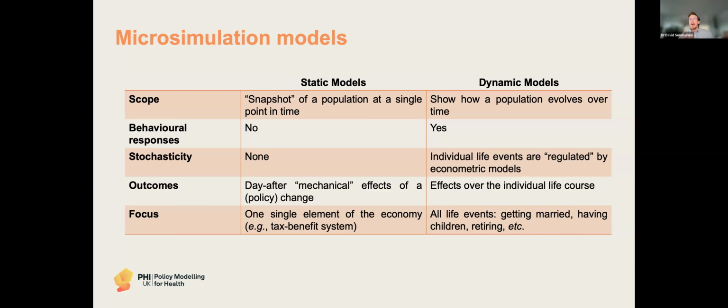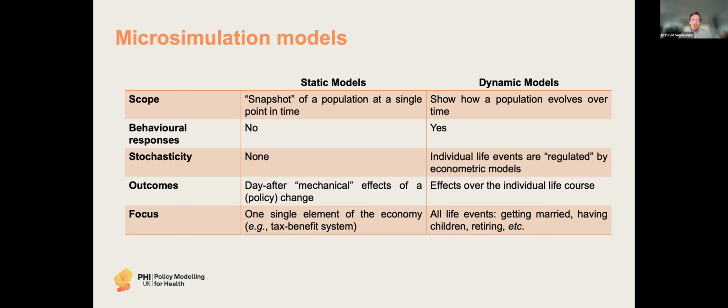On the contrary, dynamic models do the exact opposite. As they try to see how a population evolves over time, they do account for behavior responses, and in particular, they use econometric models to define how the population evolves over time, how changes occur between states.